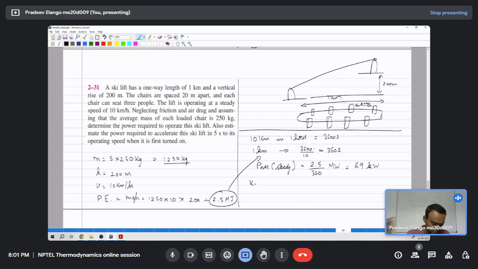And the kinetic energy is again half mv square, and that is half into mass of 1250 into v, which is 10 by 3.6, the whole square. So this is 4822 joules, and this has to be done in 5 seconds.